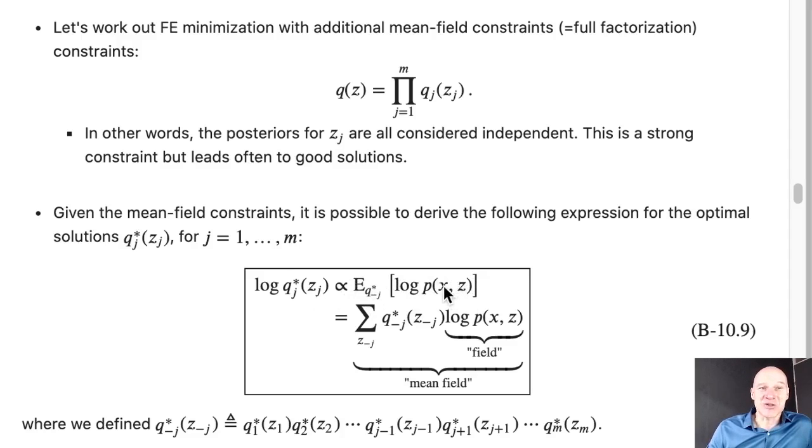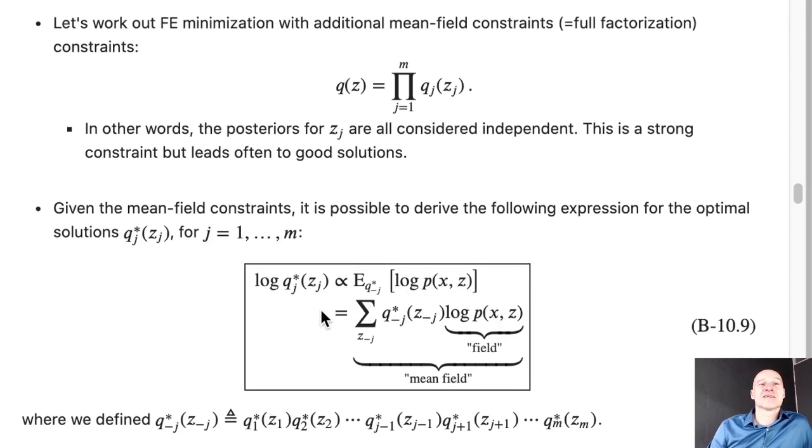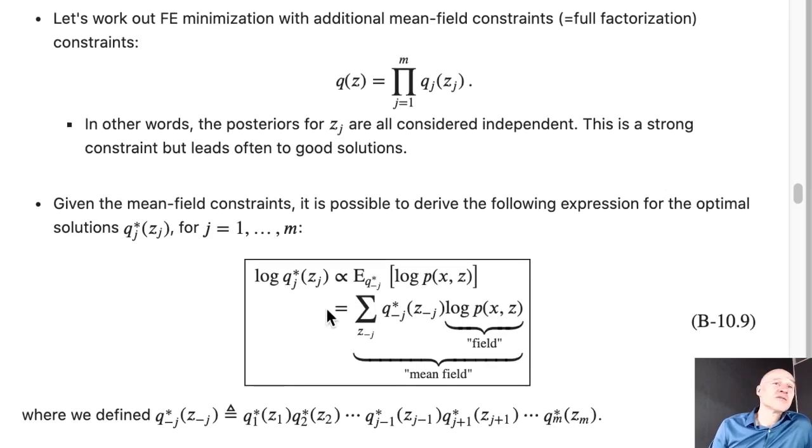Now x is observed, and z is maybe a very long vector, and I integrate out the expectation over all z's except for j. So this now becomes a function of z_j, and that's called the mean field. Why? Well, it relates to physics, where you can interpret it as a field, and basically you take the mean of that.